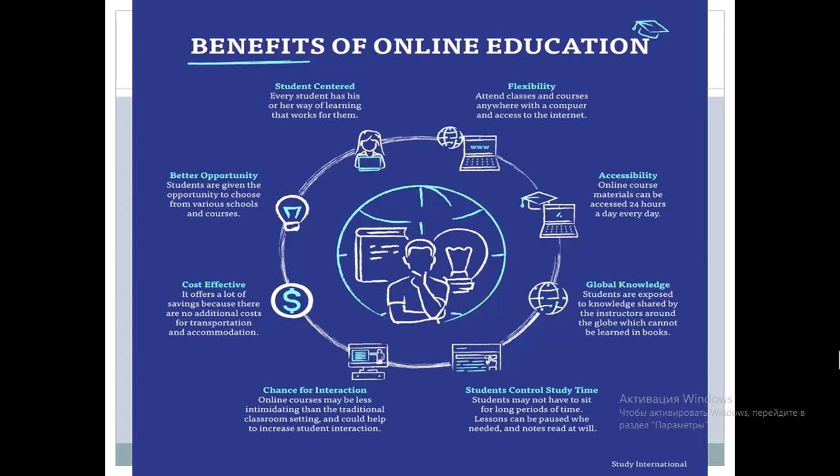Cost effective: it offers a lot of savings because there are no additional costs for transportation and accommodation. Better opportunity: students are given the opportunity to choose from various schools and courses. These are the best benefits of online education.